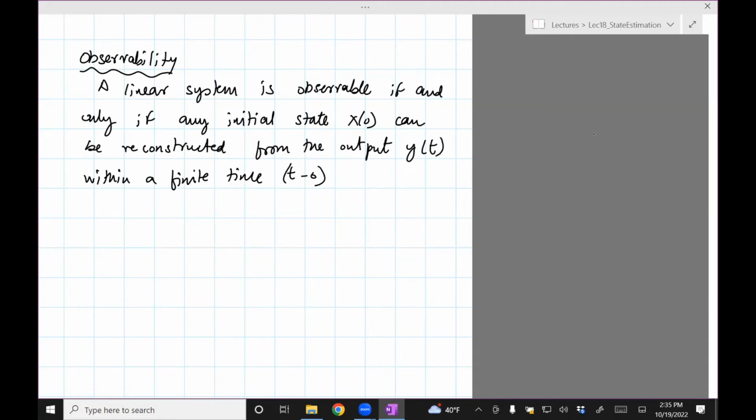So it's basically saying that if you're given the observation y at some time t, you should be able to go back and say what was the state at time t equals 0.